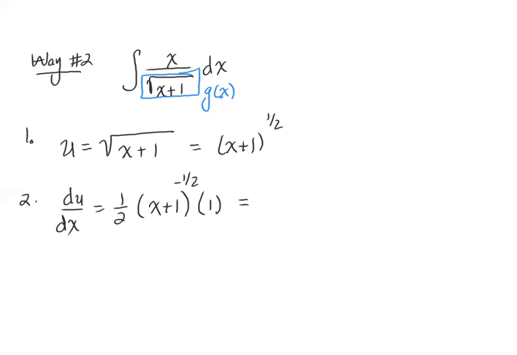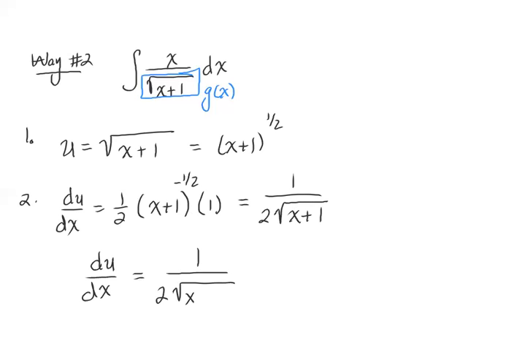So that is equal to 1 over 2 times the square root of x plus 1. All right. So du/dx is equal to 1 over 2 times the square root of x plus 1.